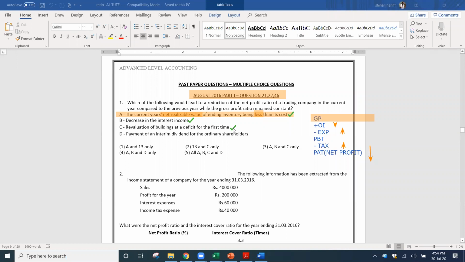Right? Payment of an interim dividend to the ordinary shareholder. Where do you record payment of dividend? That is in the changes in equity, not in the income statement. So the answer for this will be A, B and C only, not D. Right? Okay.